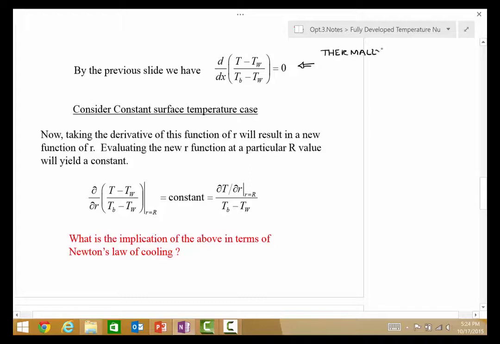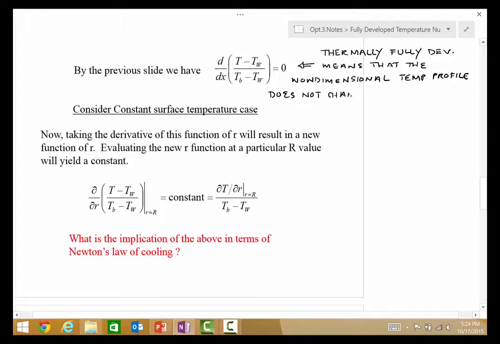Thermally fully developed, and I need you to know this definition, means that the non-dimensional temperature profile does not change with respect to downstream distance, x.